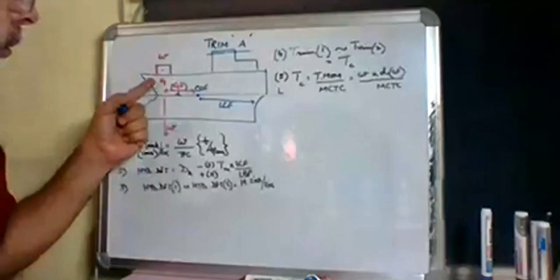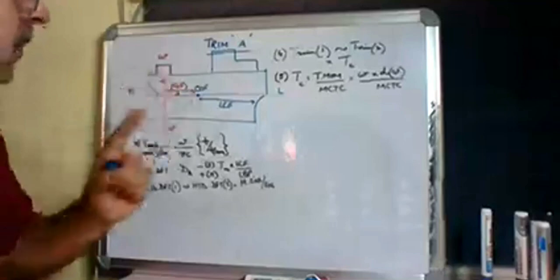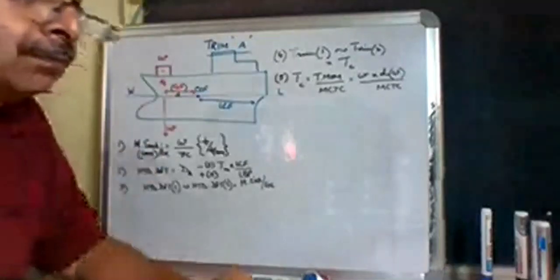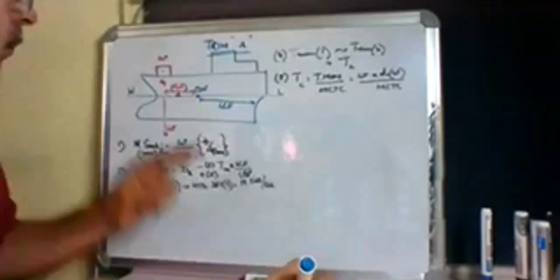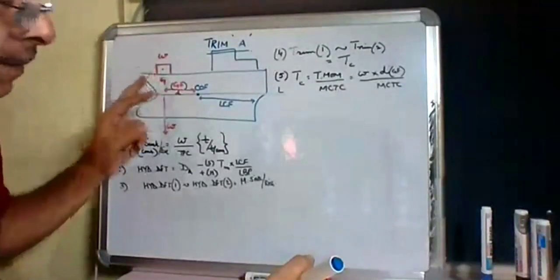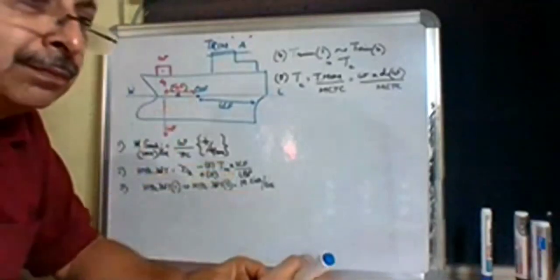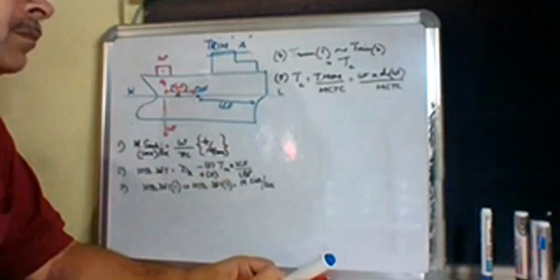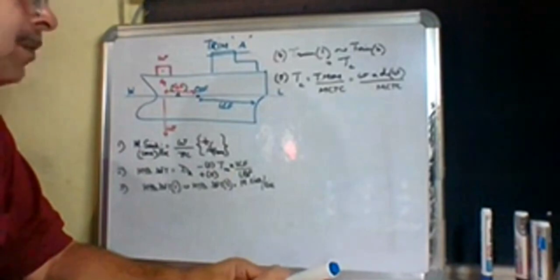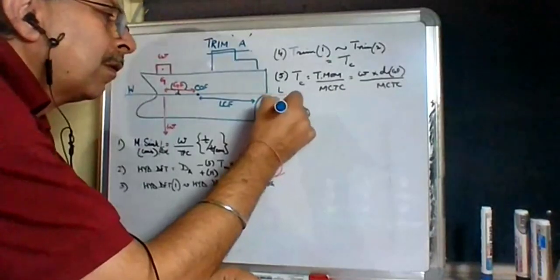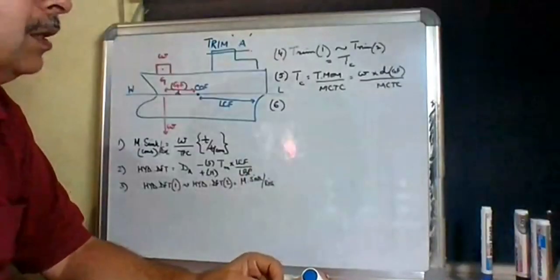Where G is the center of gravity of the cargo in the hold, and F is the center of rotation of the ship. G is the COG of the cargo in the hold, where it is loaded or discharged. F is the COF of the ship. So this gives us TC, that is W into D upon MCTC.